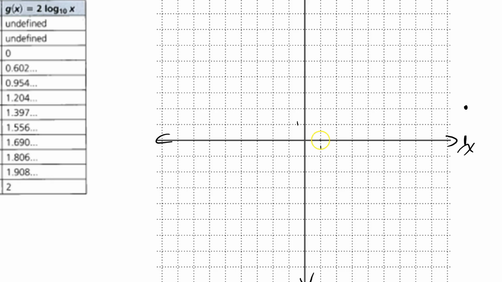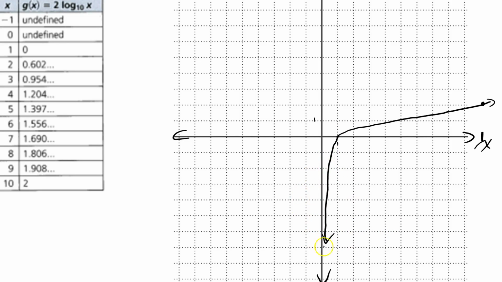And so our x-intercept here is always going to be at (1, 0). We're going to graph like that. So we're noticing that we're still having that asymptotic behavior at the y-axis, or when x equals 0, but it jumps up a little further.